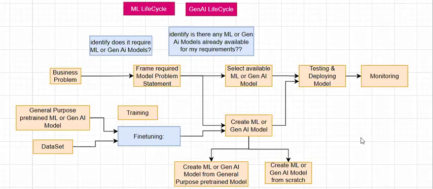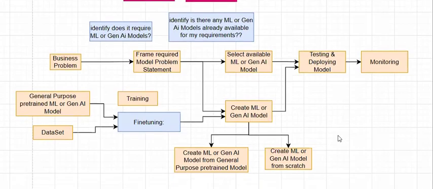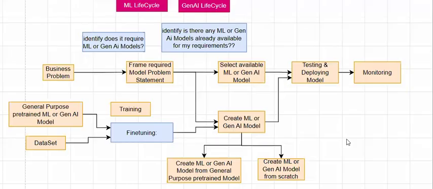Now, if we move in detail, what data set are we using? Now let's have a question. In order to train any available model, do we have exactly the same format of data set that this model is accepting?